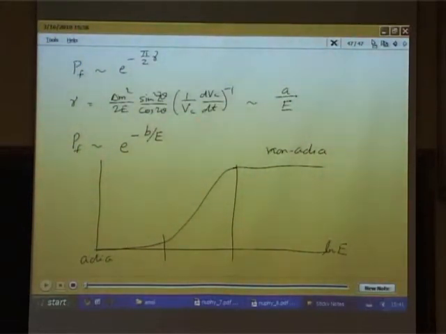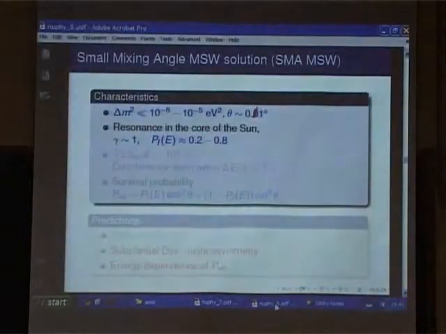If you are not completely adiabatic or not completely non-adiabatic, then P_F depends on energy. That's exactly what happens for this SMA solution. In the SMA solution, gamma is of the order of 1. Okay, so not very small, not very large. So your P_F actually depends on energy. It can change between 0.2 to 0.8. So somewhere in the middle, not 0, not 1.